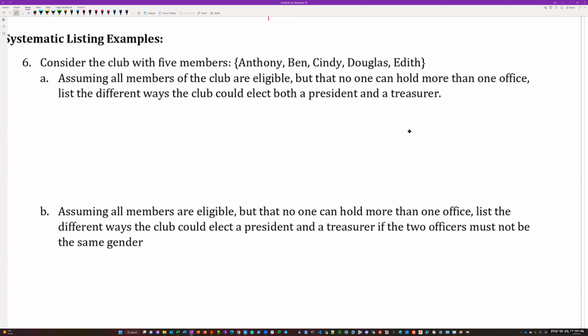Definitely more than 33, because Anthony could go with Ben, Anthony could go with Cindy, Anthony could go with Douglas, Anthony could go with Edith. That's already 4 ways, and that's just saying Anthony is the president. Then I could switch all those. So that means there would be at least 8 ways just using Anthony alone, because Anthony could be treasurer. Does that make sense?